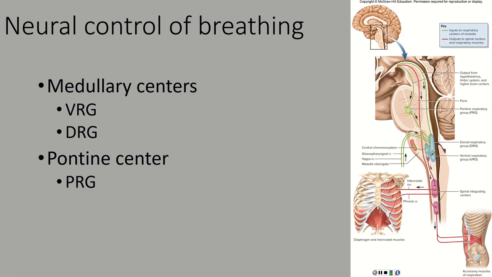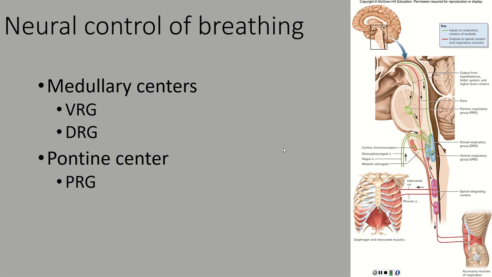You remember how when we were looking at the SA node of the heart, that it depolarized on its own at a regular rate without any input? Well, the VRG does the same thing. It spontaneously depolarizes at a regular rate without any input. So it causes you to inhale and it causes you to exhale.